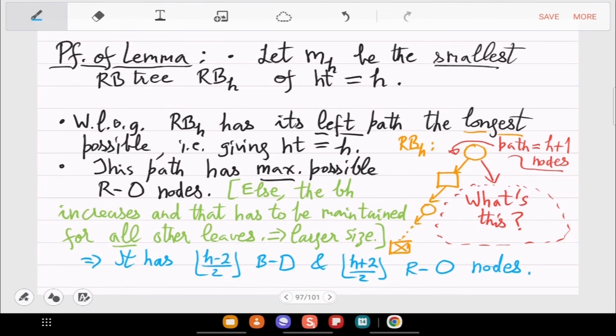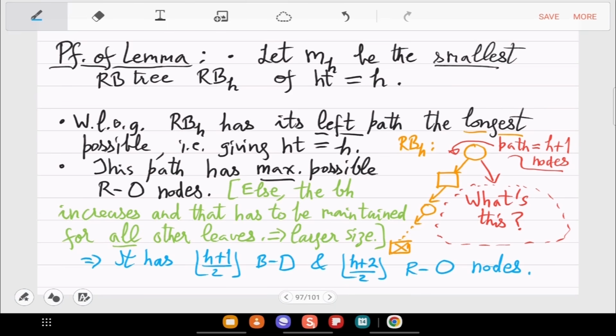Is this fine? So maybe this is also h plus 1. Okay, so red we give h plus 1, halve it, and black we give just h plus 1 by 2, floor.